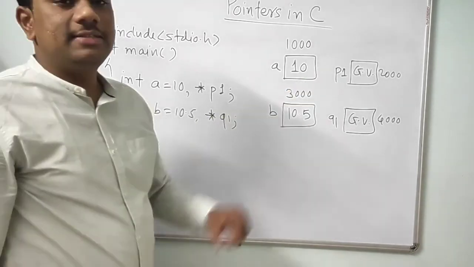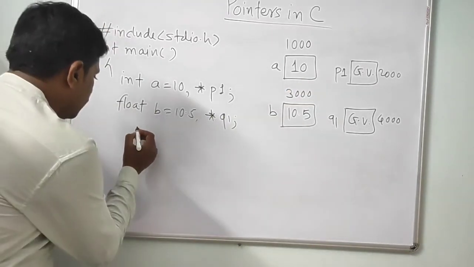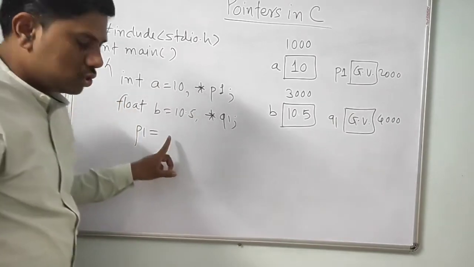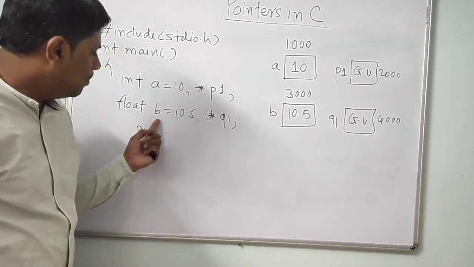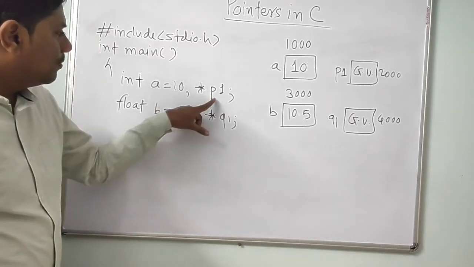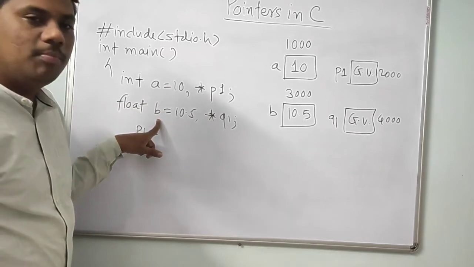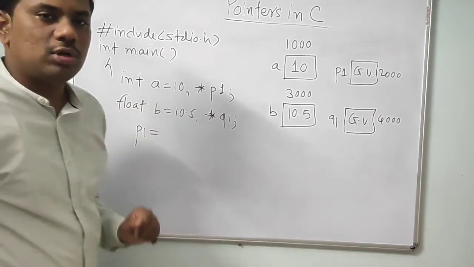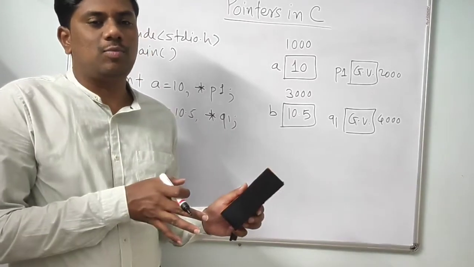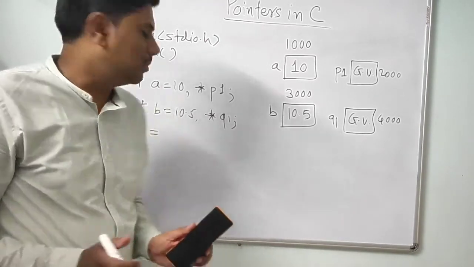Now how to initialize this pointer? First I'm initializing p1. Can I store the address of b in p1? No, because the type of p1 is integer and the type of b is float. We can't store the address of a float variable in an integer pointer, and vice versa is also not possible.